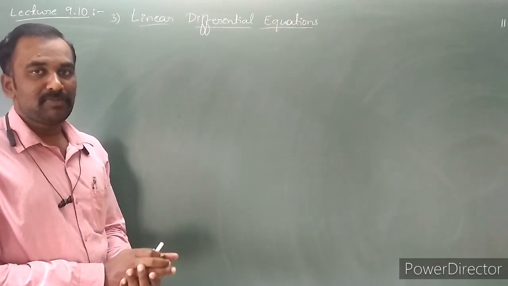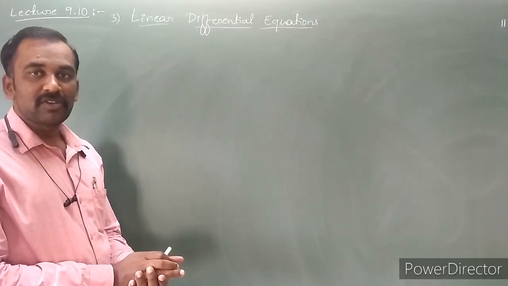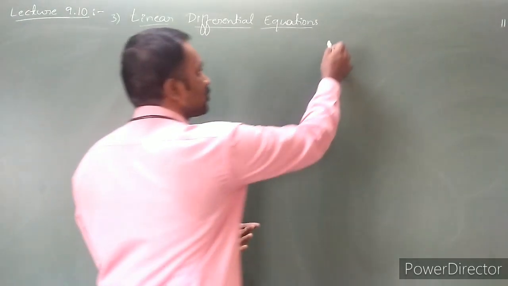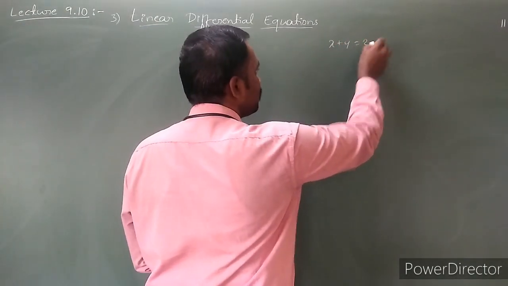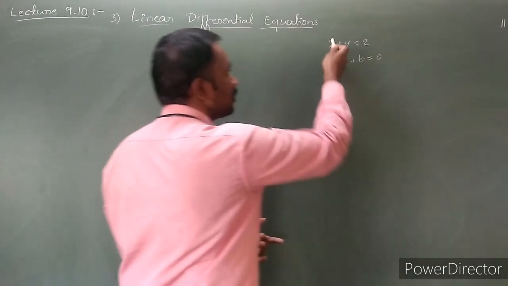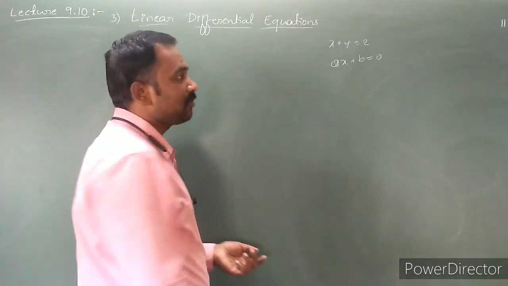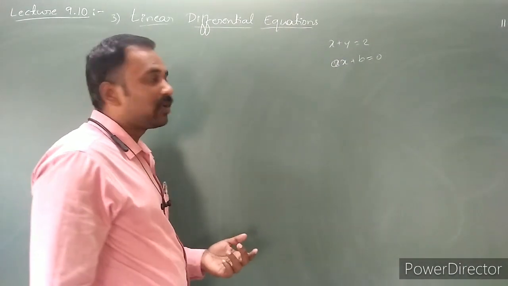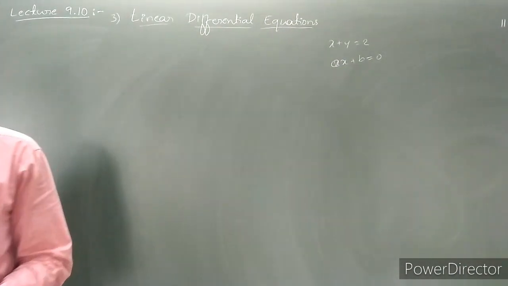As we know, in algebra, a linear equation is x plus y is equal to some number, or ax plus b is equal to 0. This is a linear equation involving two variables, or one variable. You can see several types of examples in algebra.